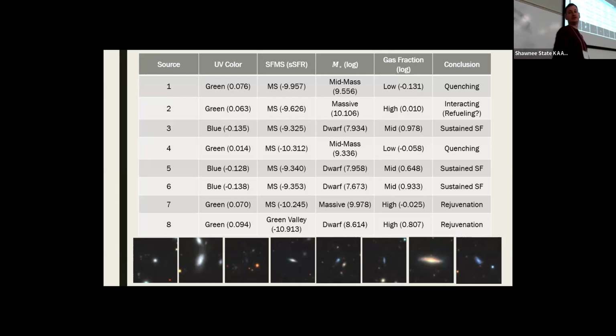One of the reasons I only really showed W2 minus W1 is because if you think in terms of filters, blue, green, red, you've got W2, M2, M1, or W1. There is a very stark difference between the overall colors looking at W2 minus M2 and M2 minus M1. And right now I'm thinking that part of that is because the 2175 angstrom bump sits right in M2 at this redshift.